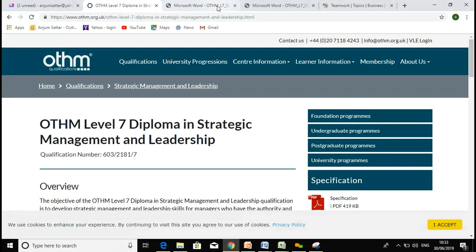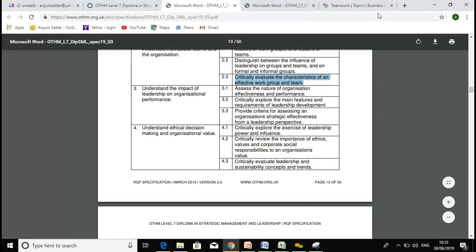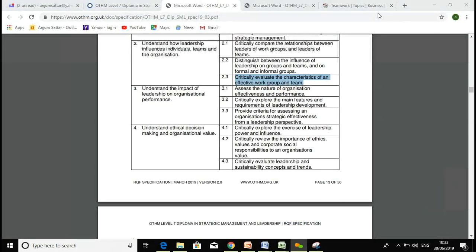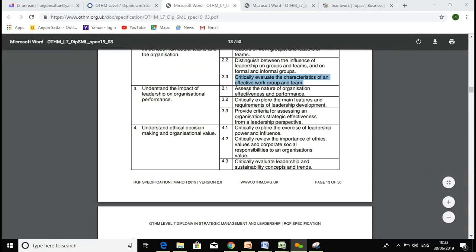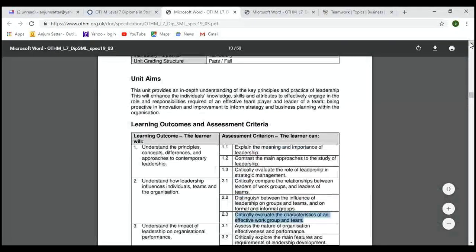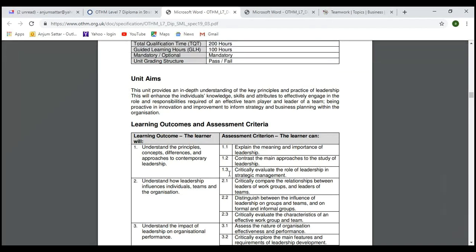Before starting our lesson, we'll go through what we're supposed to learn under LO1 and 2, and we already learned a few things during our last lesson where we covered LO1. LO1: understand the principal concepts and different approaches to contemporary leadership.